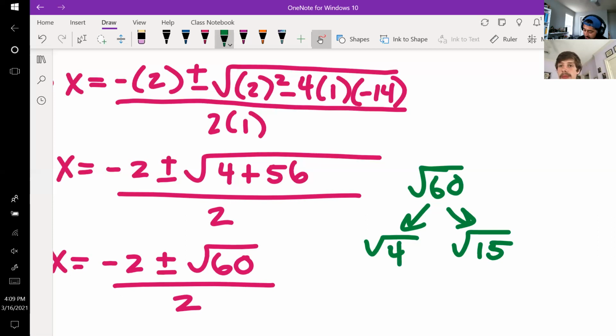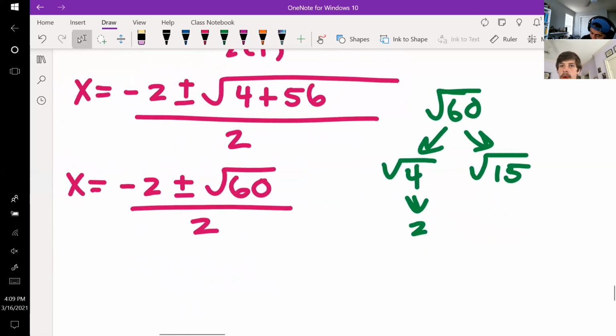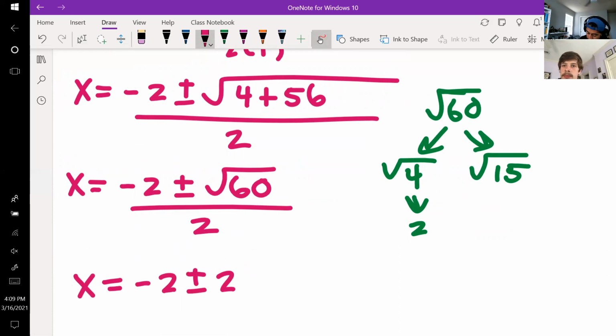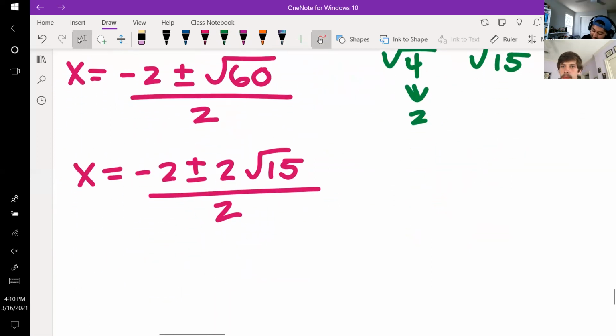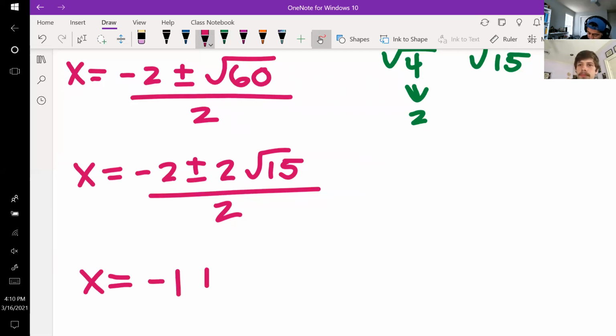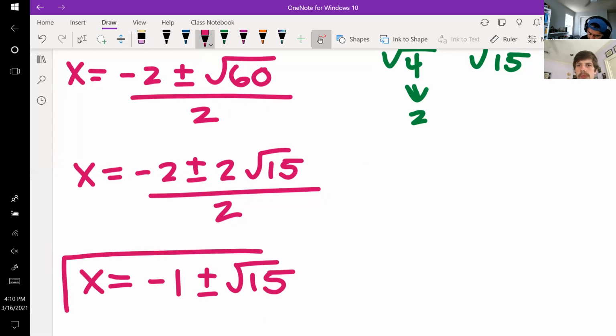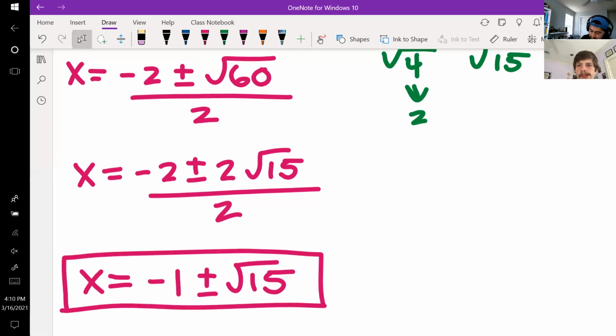Good. That means that becomes 2, and 15 will leave as is. So x will equal negative 2 plus or minus 2 square root 15 over 2. Reduce everything by 2 except the radical, and you'll get negative 1 plus or minus the square root of 15. There it is.